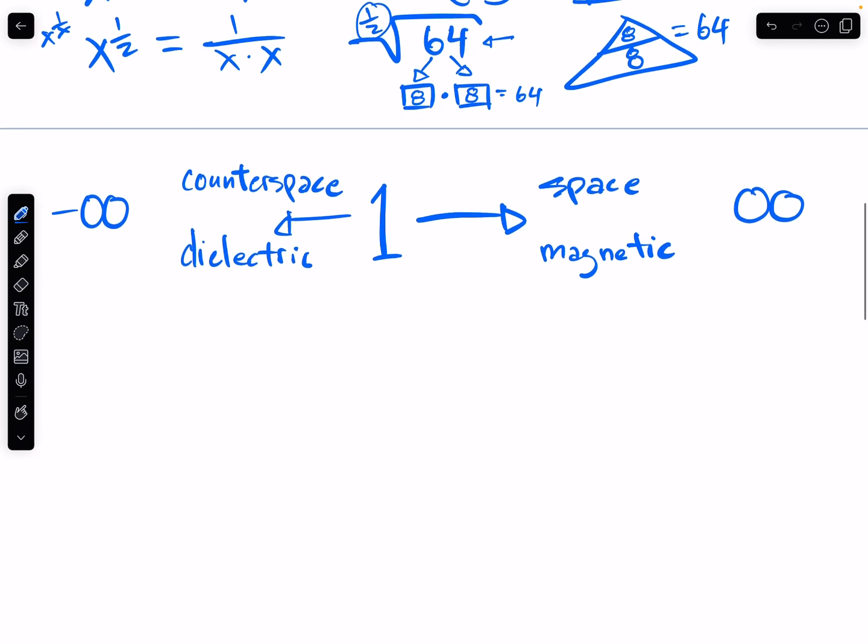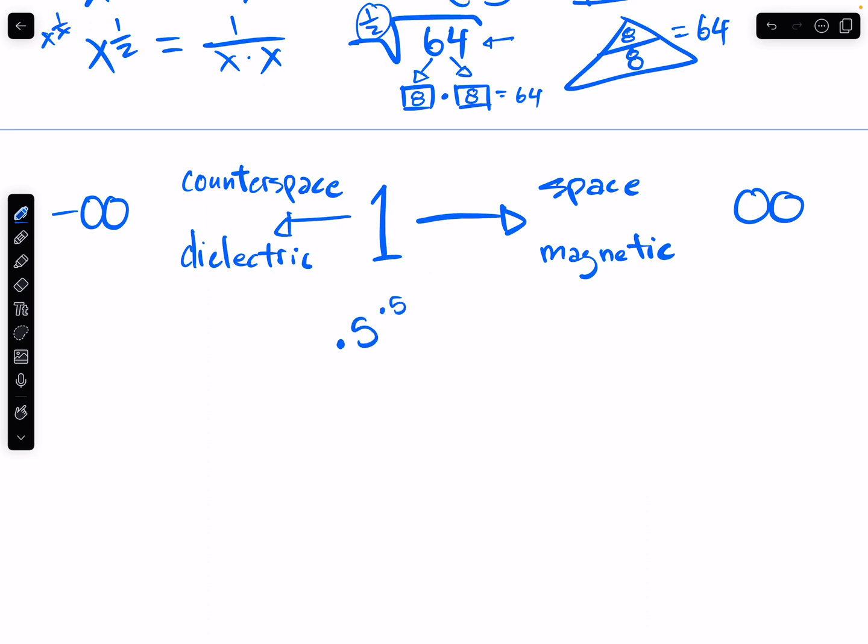Okay, so 0. Well, I think it's interesting to note that this is what Robert Edward Grant was talking about. It's like 0.5 raised to 0.5 equals something like 0.71 something. And so when we raise a small number to an exponent, it's saying what two numbers do we need to multiply to get to that small number, to that fraction.